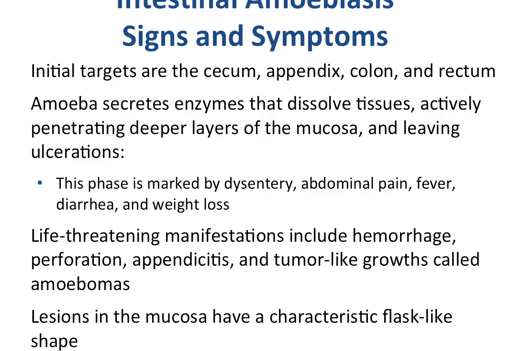So the amoeba invaded the cecum, appendix, colon, and rectum. The amoebas secrete enzymes that will dissolve the tissues, penetrate the mucus, and cause ulceration. So it can cause dysentery.